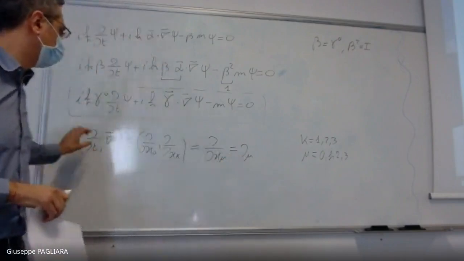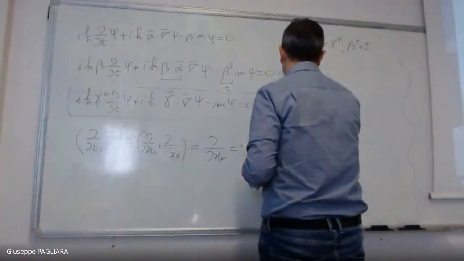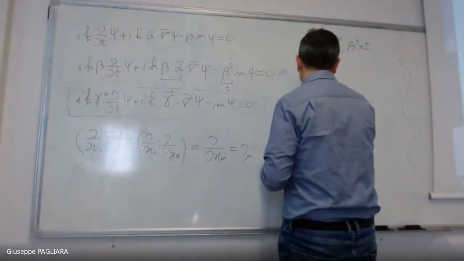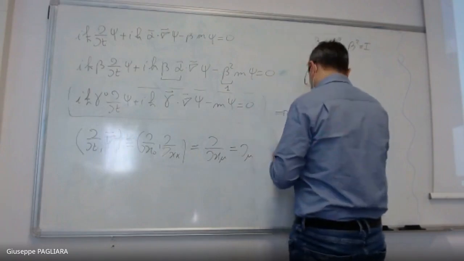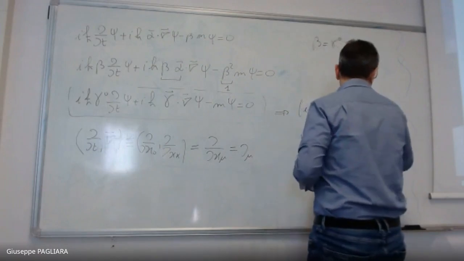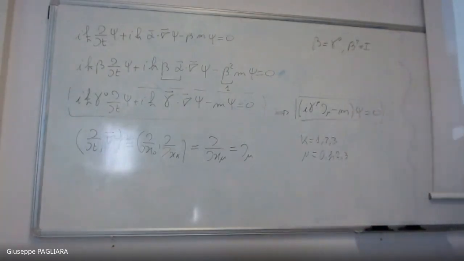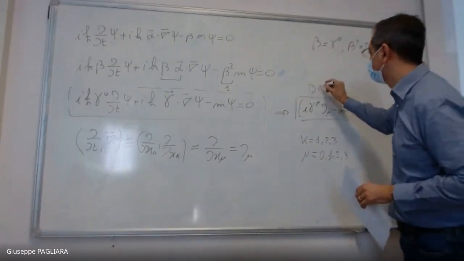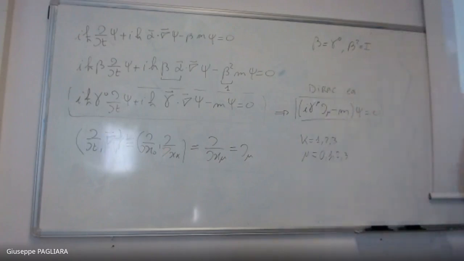This symbol is equivalent to this one here. With this notation we can write the Dirac equation in the standard covariant form: i gamma mu partial mu minus m, psi equals 0. This is the Dirac equation in covariant form.